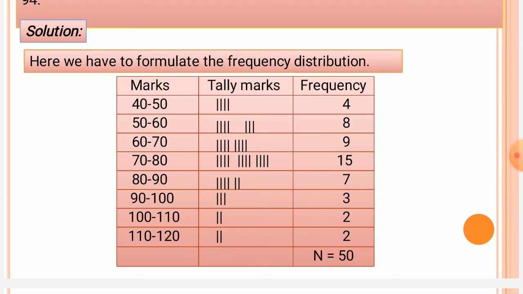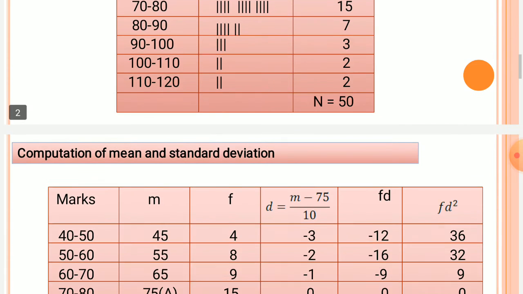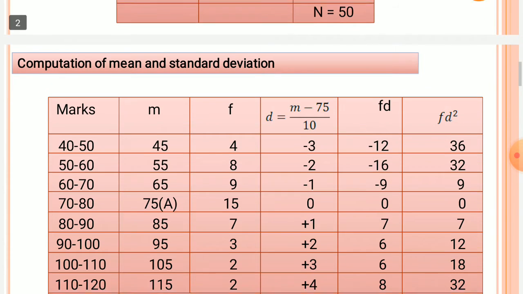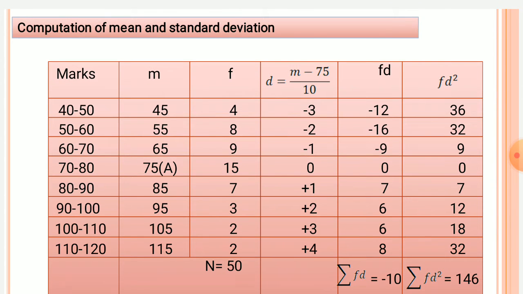And then the next step is the computation of the arithmetic mean and standard deviation. So in the first column, take the class interval, marks, in the first column.